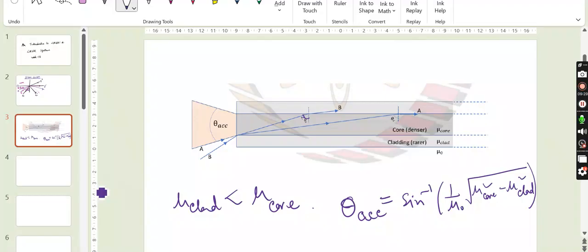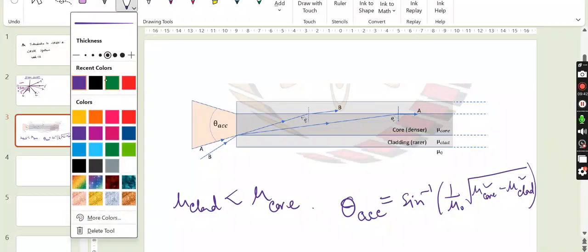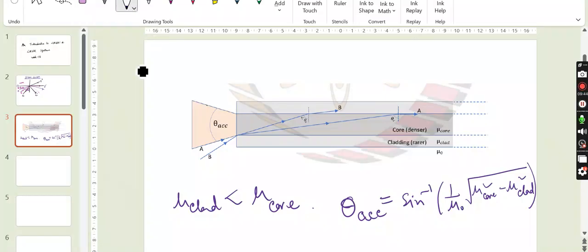And the ray which comes from this will strike here, and all the rays between the upper boundary and lower boundary strike at an angle less than the critical angle.